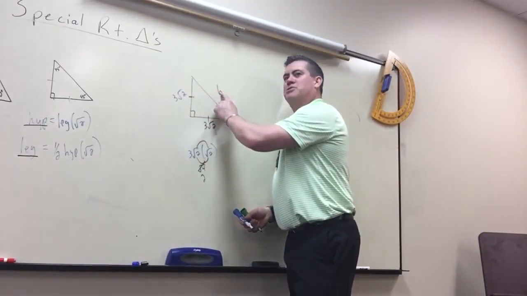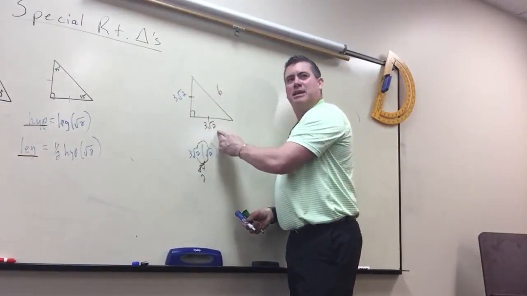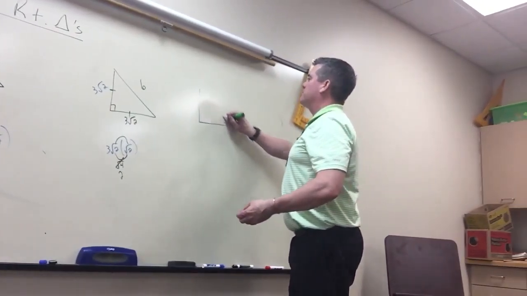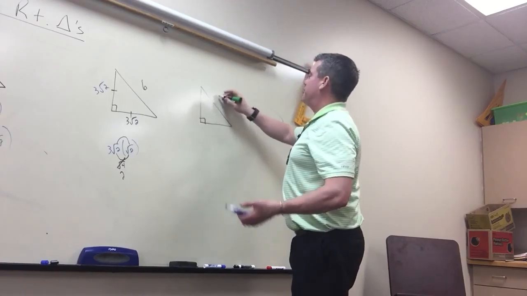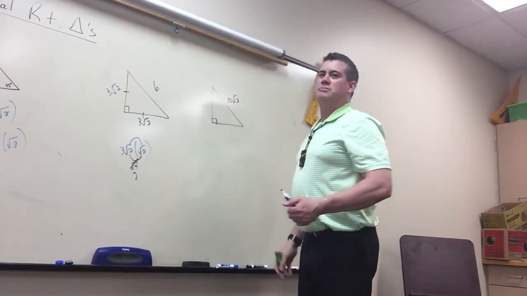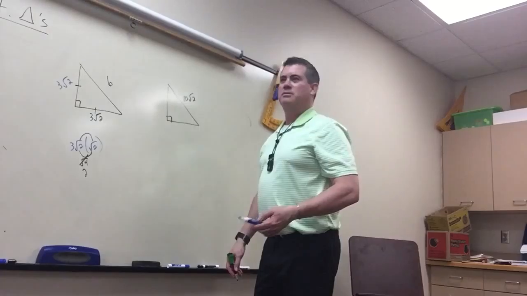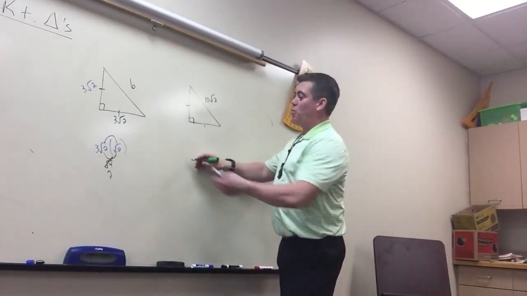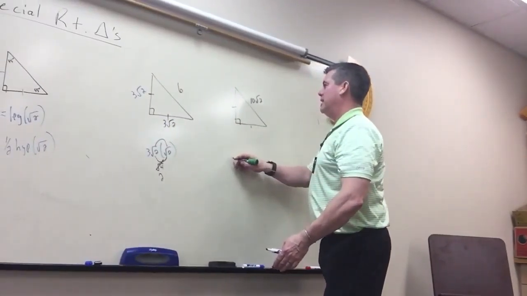If the hypotenuse is 6, remember the leg has to be half of that times the square root of 2. The other one that you'll see is like this. If the hypotenuse is 10 square roots of 2, to figure out the leg, we would use the pattern.